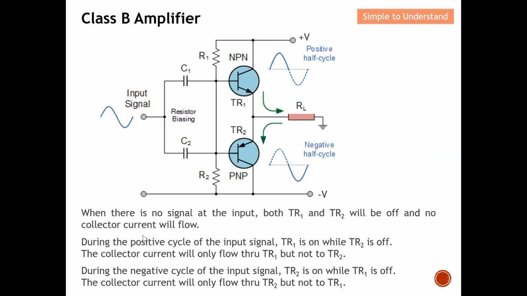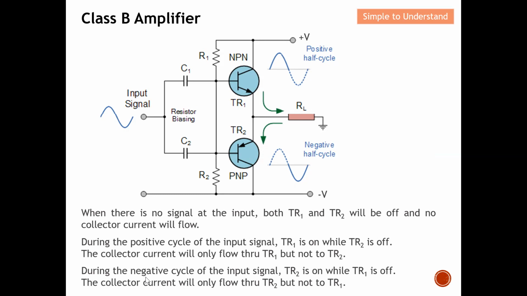For this case, because this is a positive half cycle, transistor 1 will be on, while transistor 2 will be off. Therefore the collector current will only flow through TR1, but not TR2. This is what we call a push effect. You can see that we push the current to the load.